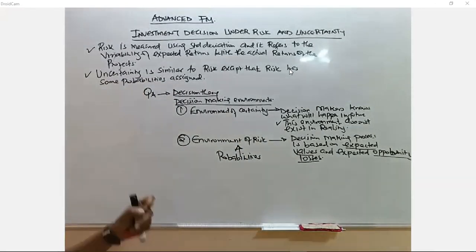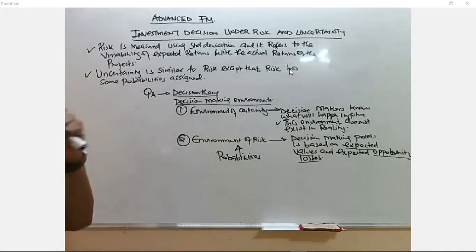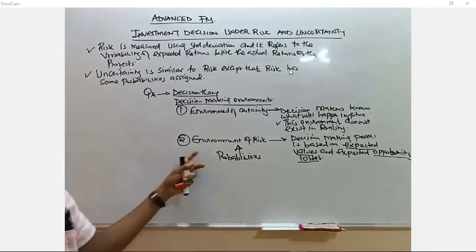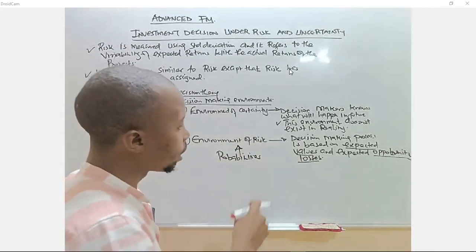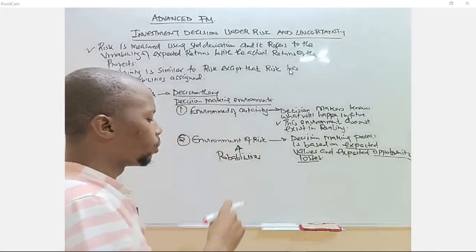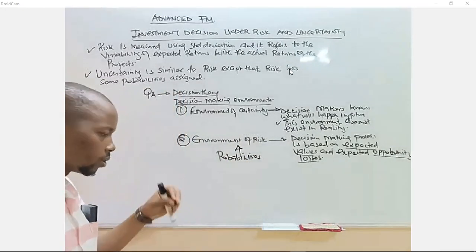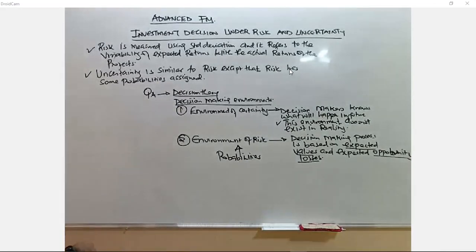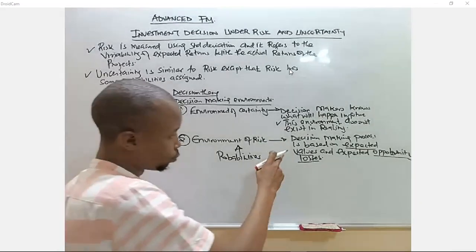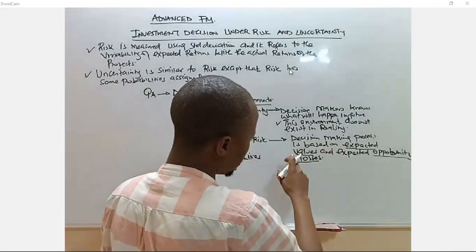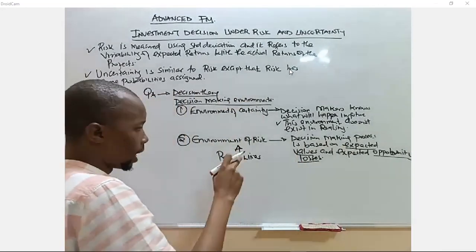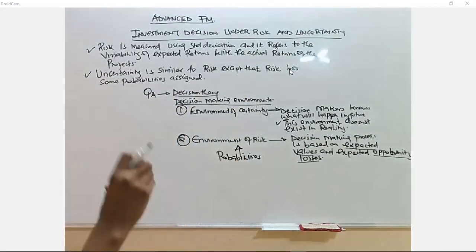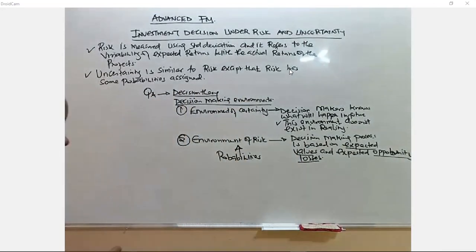Now, the same applies when you are making financial decisions under the environment of risk. That is where we look at the decisions or the possibilities that we have, projecting them to probabilities, and then we calculate with the initial cash flows to undertake the best project in decision-making criteria.